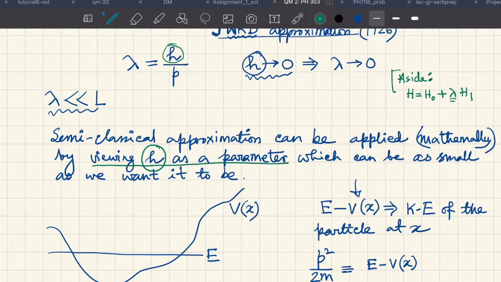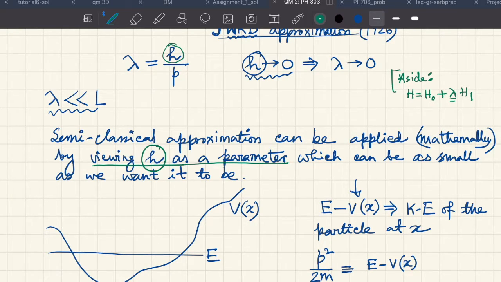So we have done two things which a priori you will say that we are not allowed to do in principle. For example, one is that we have taken the fundamental constant to be varying, that means that you can take h tending to the zero limit, and secondly, we are trying to view this small parameter h, whereas this small parameter h has some dimension.